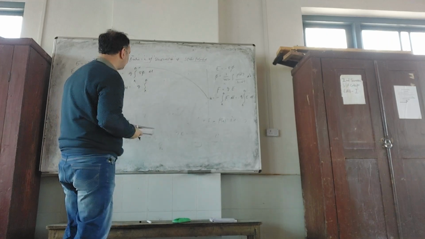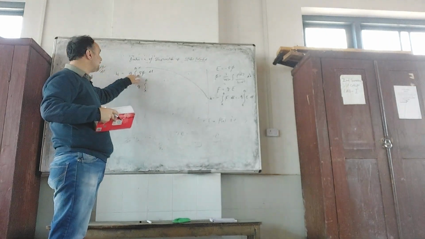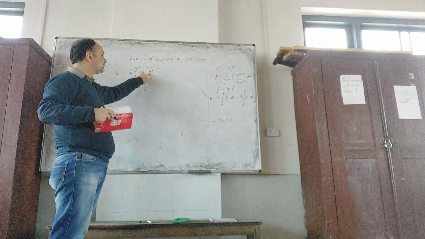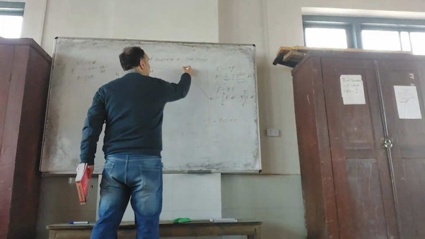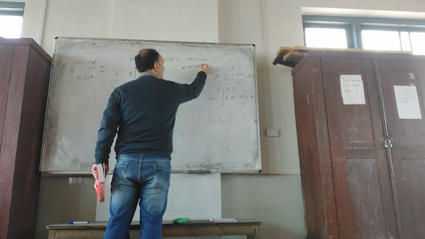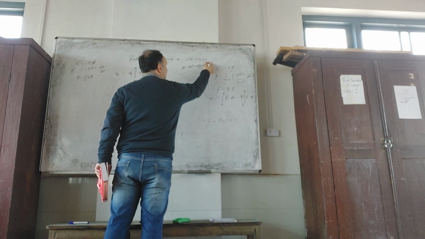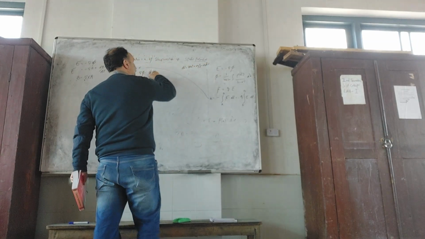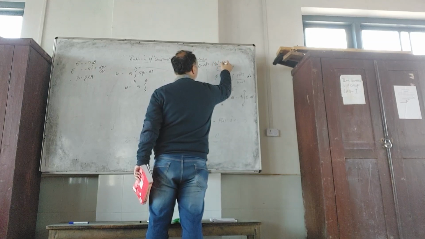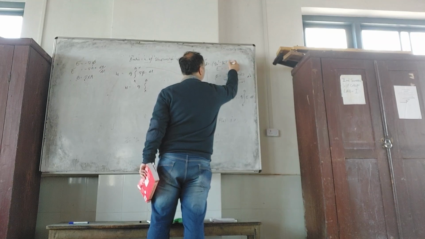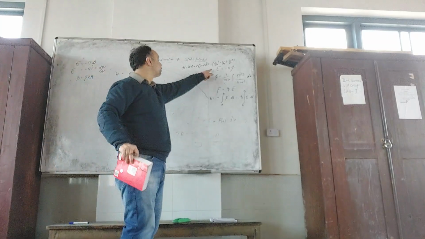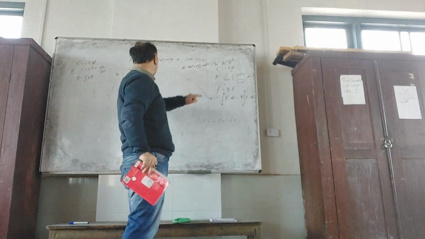Now look, here del is d by dx of i, d by dy of j, d by dz of k, and the line element is dx i, dy j, dz k. So we have a dot product of the two. Operating on phi, we get d phi by dx i, d phi by dy j, d phi by dz k, dotted with dx i, dy j, dz k.